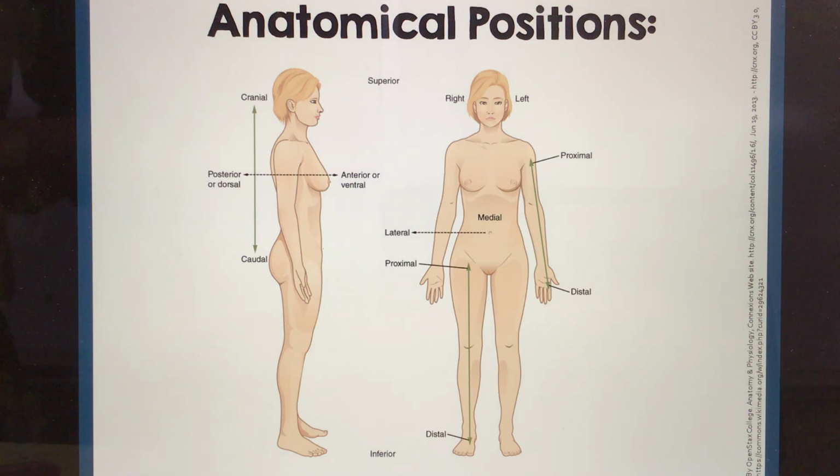If I'm locating something, is it closer to the midline, closer to medial, or is it lateral, farther away from my midline? Think about that in medical terms. If you go to the doctor and talk about an injury that is medial to your belly button, it's closer to midline. Or is it lateral, farther away out to your side? So, medial versus lateral.